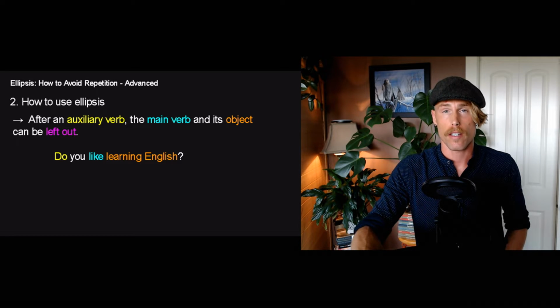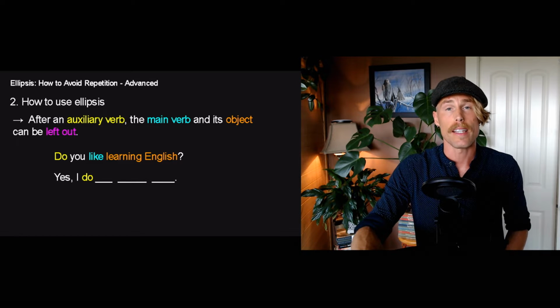Do you like learning English? We can see the auxiliary verb do in yellow, the main verb like in blue or green, and learning English, the object, in orange. Do you like learning English? Yes, I do. So we leave out the main verb and the object.